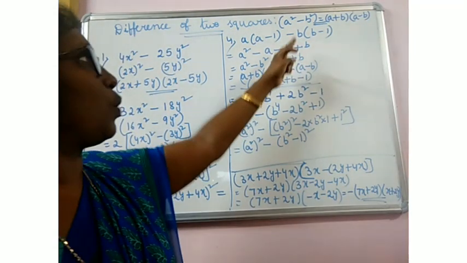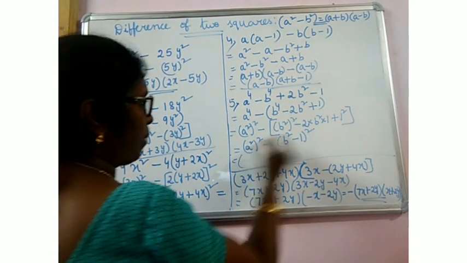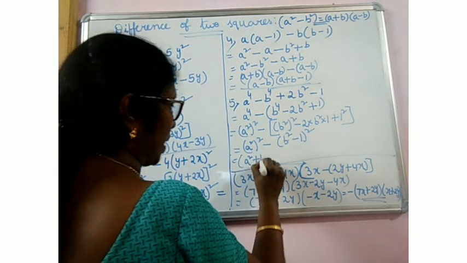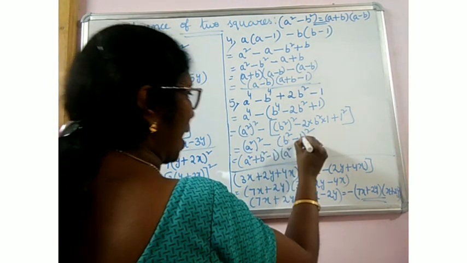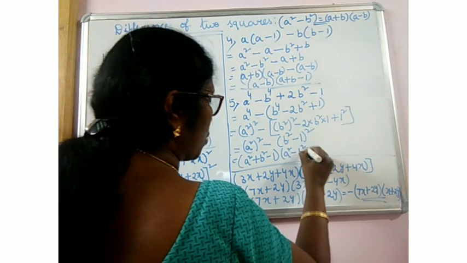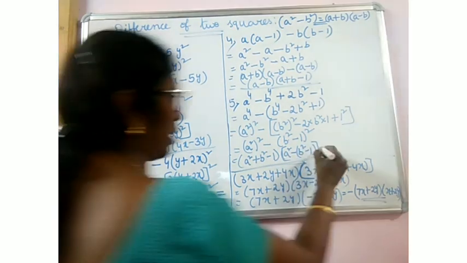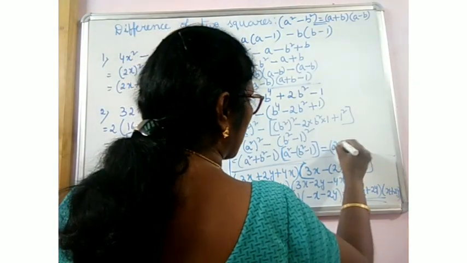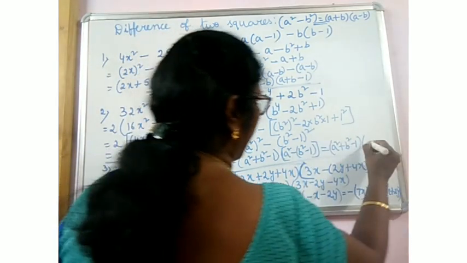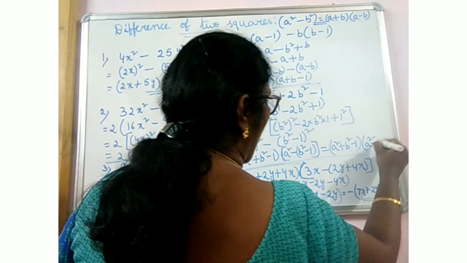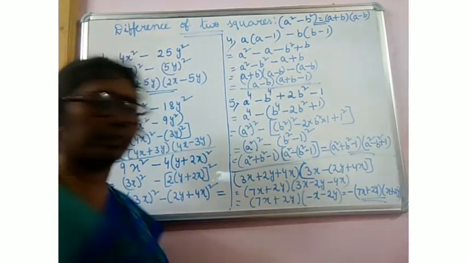We can use the same formula, a plus b into a minus b, and write a plus b as a square plus b square minus 1. A minus b means a square minus b square minus 1. I used to tell you, if there is a minus, you have to put the bracket back. That equals a square plus b square minus 1 into a square minus b square plus 1, since minus into minus is plus 1.